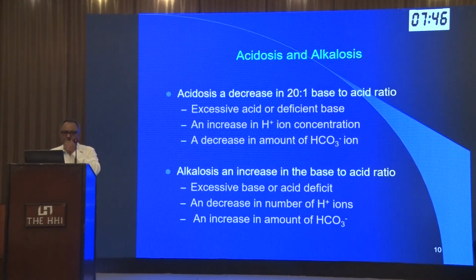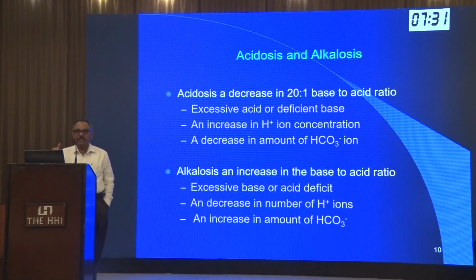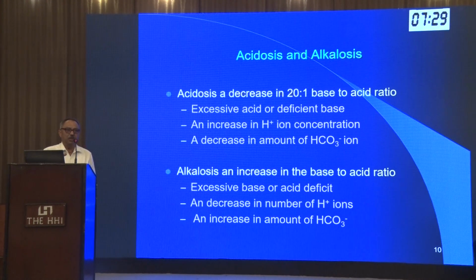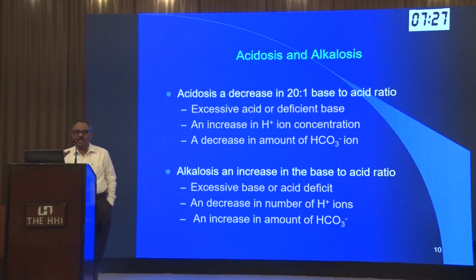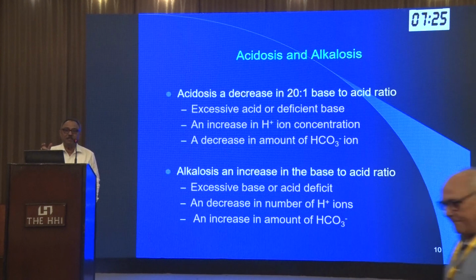Acidosis, alkalosis, 20:1. Now, this is important. 20:1 base ratio. What does it mean? One should understand that because this will have a clinical effect later on. Acid 1, base 20. So our system is basically a base-oriented system.